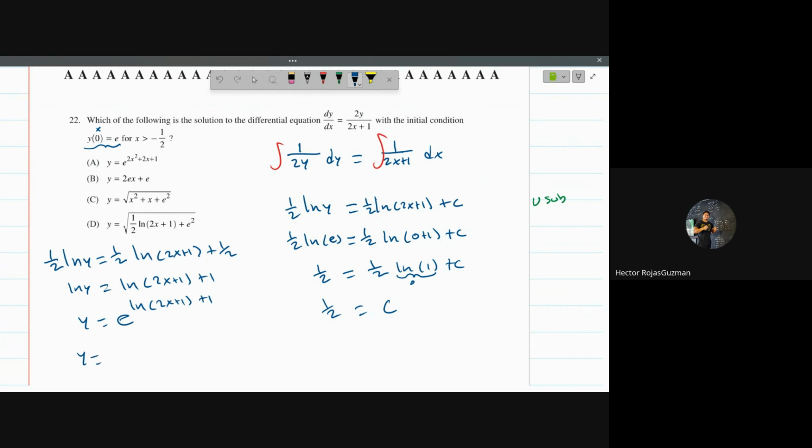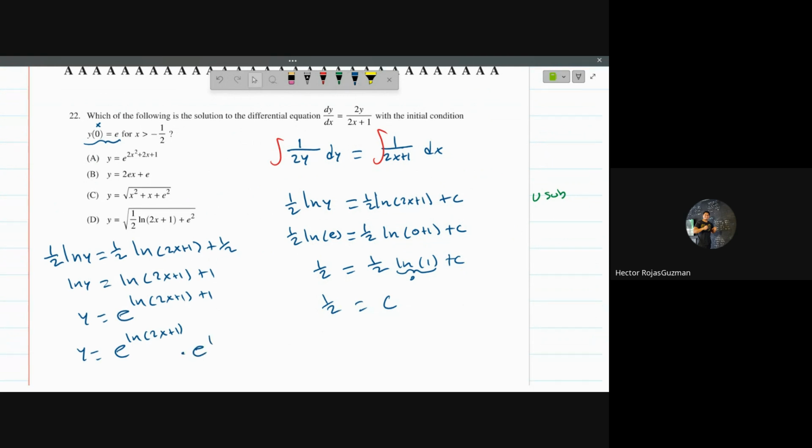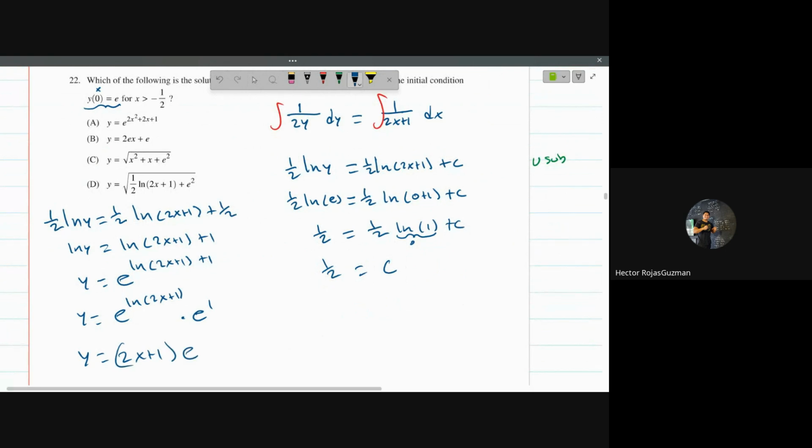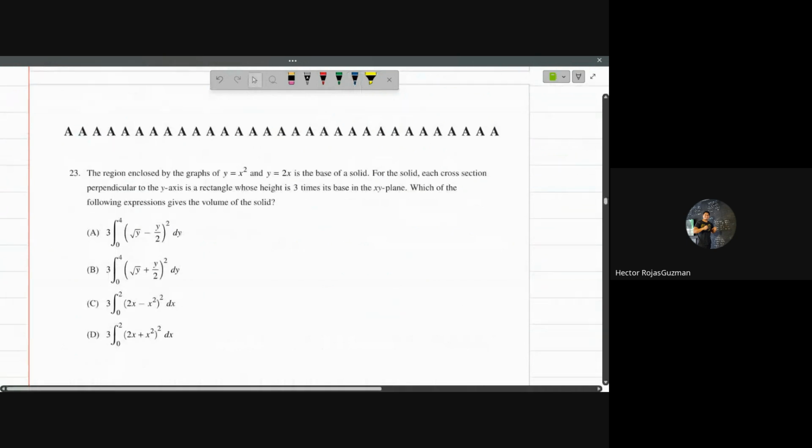And then I can use my properties of exponents to separate that addition. And finally simplify. Keep it in parentheses though. This right here, over b.